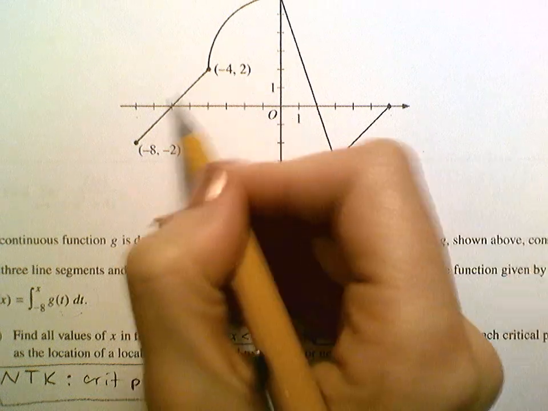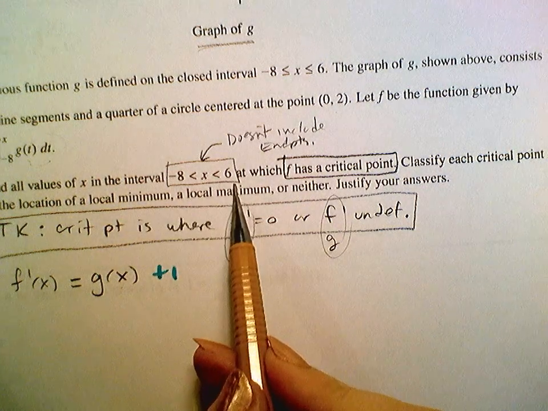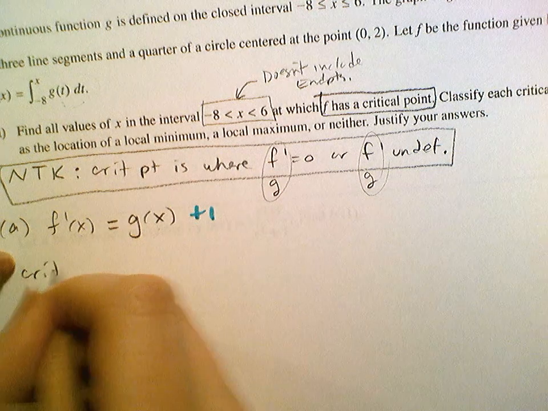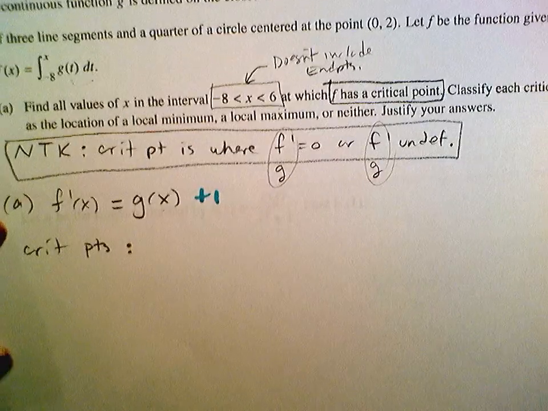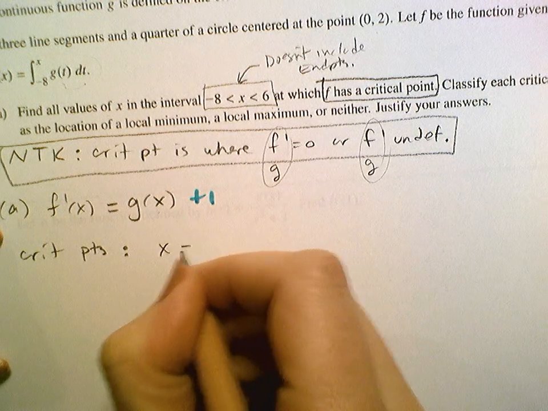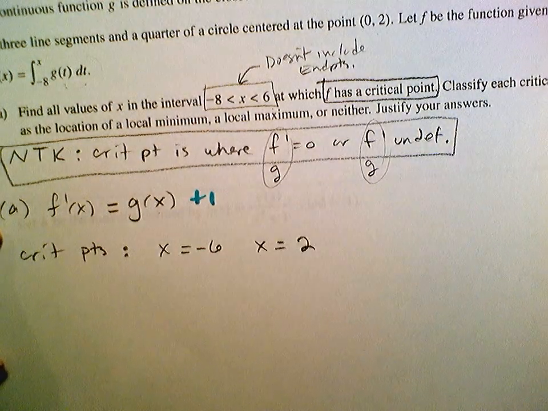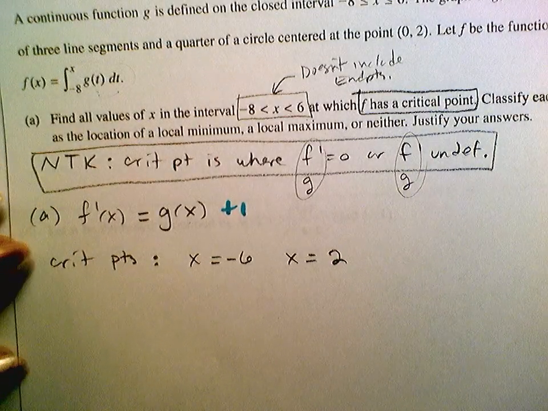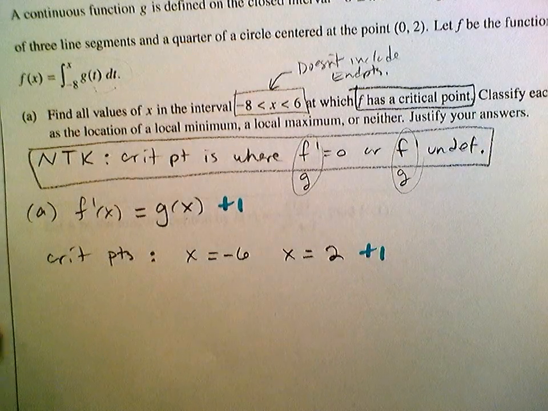It's 0 here and there within this interval that doesn't include the endpoints. So the critical points are x equals -6 and x equals 2. You get another point for saying that.